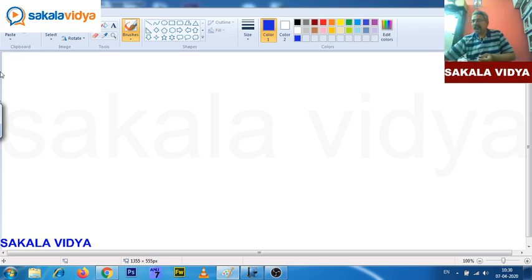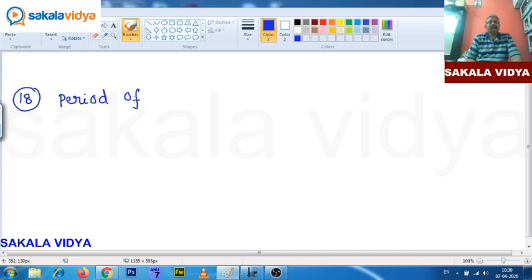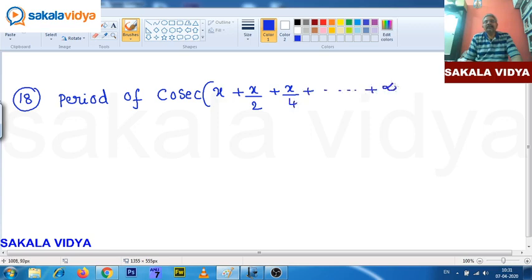Okay, now let us move to the next, 18th question. Are you ready? Okay, 18th question. Period of cosecant of (x plus x by 2 plus x by 4 plus so on to infinity), this is the question.